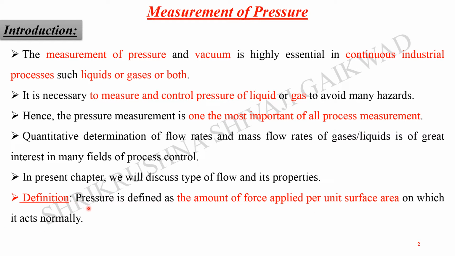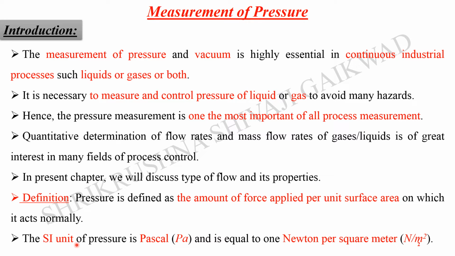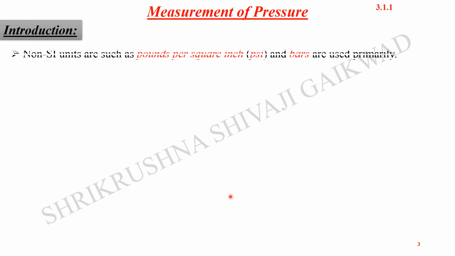Pressure is a scalar quantity, because though force is a vector, in the quantitative manner we must consider only the tangential component. The SI unit of pressure is the Pascal, and it is equal to 1 Newton per meter square.